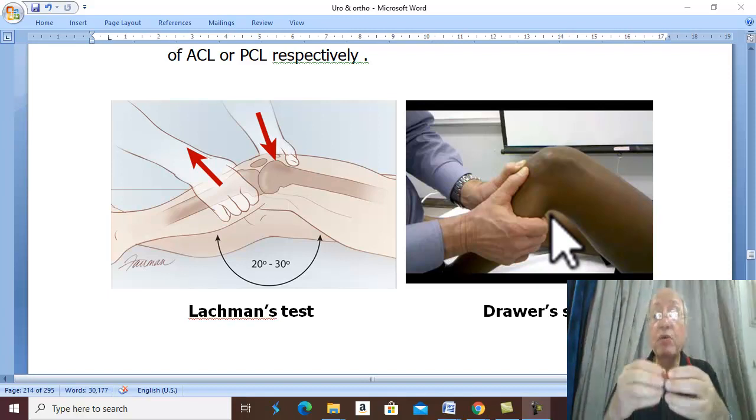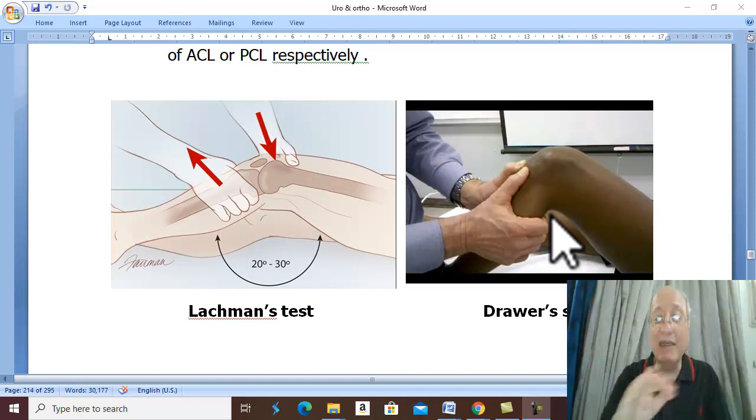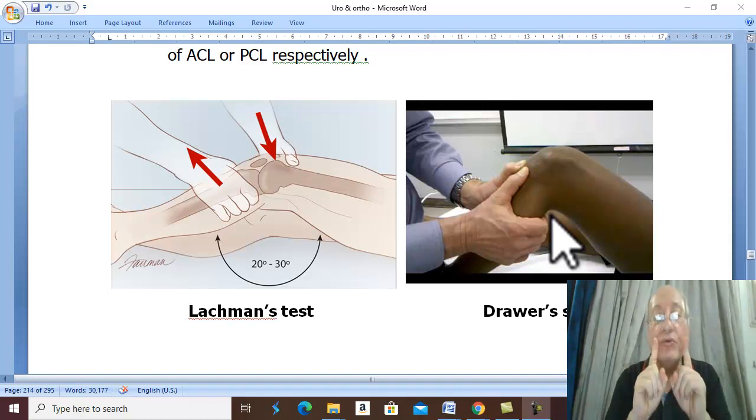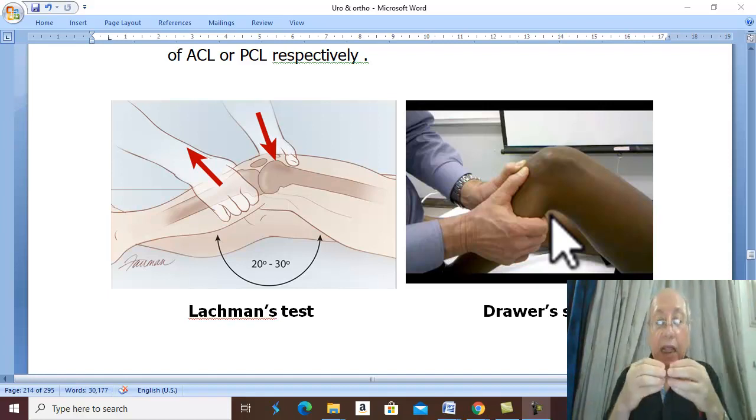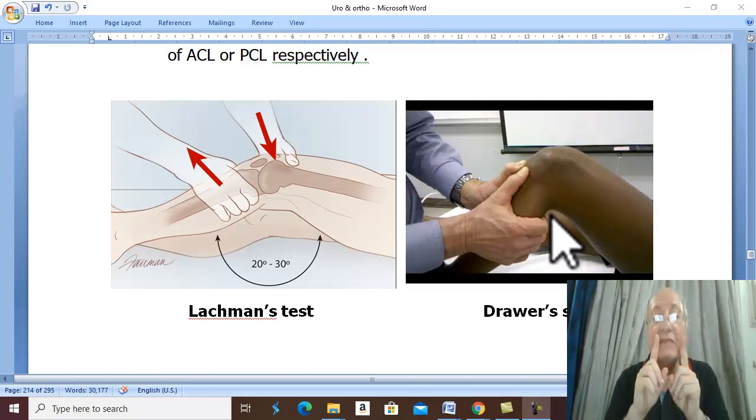Never. Because pushing the leg posteriorly stretches the posterior cruciate. Therefore, any sliding movement of the tibia anteriorly or twisting is prevented by the anterior cruciate. Any sliding of the tibia backward is prevented by the posterior cruciate.